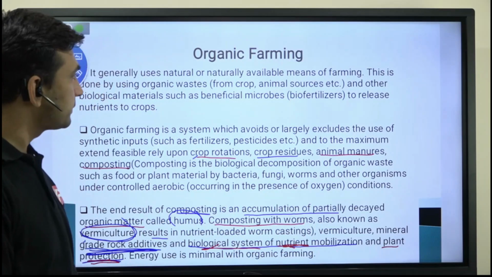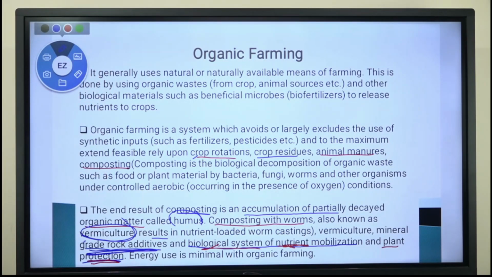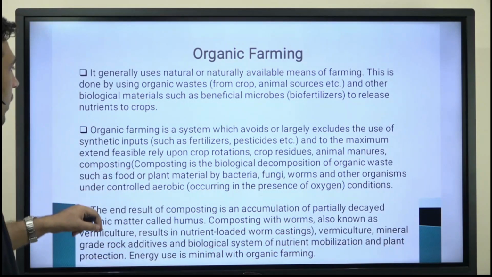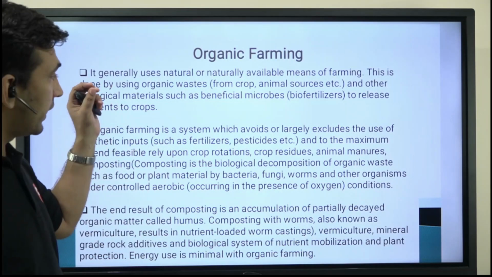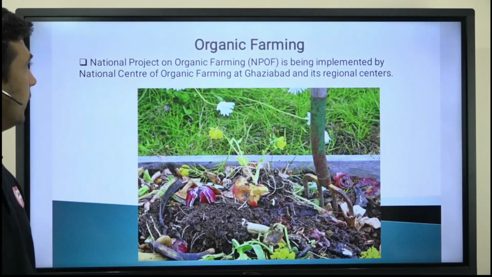So that is how you have to see what organic farming means, right. And what are the different ways by which we can go for organic farming, particularly when we talk about the fertilizers that we spoke of here, right.